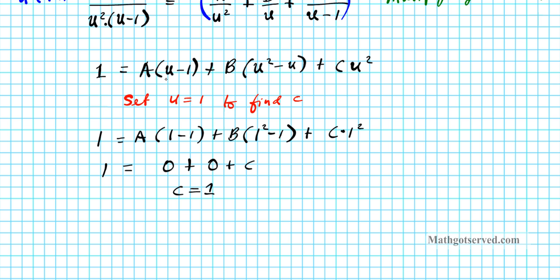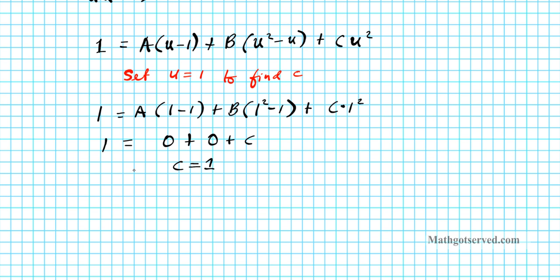Okay, so let's substitute this back into this equation that we have up here, and then we're going to expand it completely and use the powers of u to set up equations. So now we have 1 equals a times u minus 1 plus b times u squared minus u.